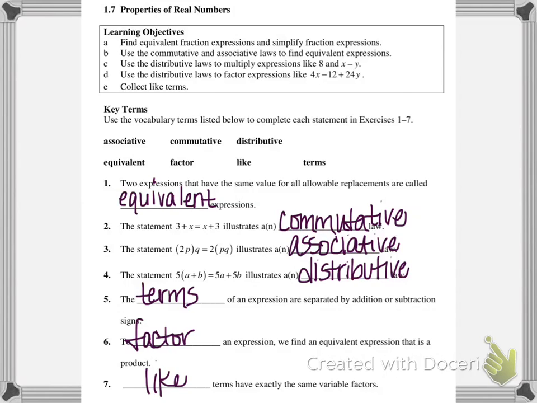Number 5, the terms of an expression are separated by addition or subtraction signs. We typically see problems that have two terms, but sometimes they do have more than that. To factor an expression, we find an equivalent expression that is a product. So if I said factor 15, you could say 3 times 5, because 3 times 5 equals 15.